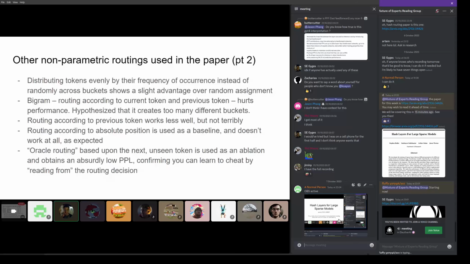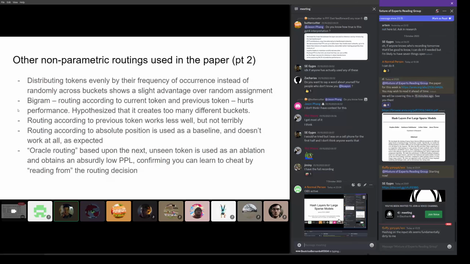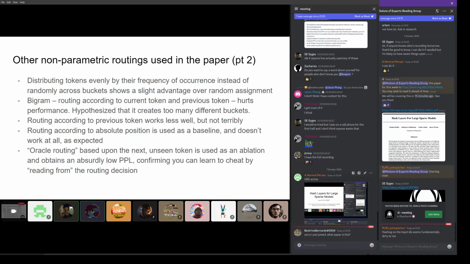Other small experiments are distributing according to bigram, so current token and previous token. They suspect that this creates too many buckets, so you cannot learn from it.